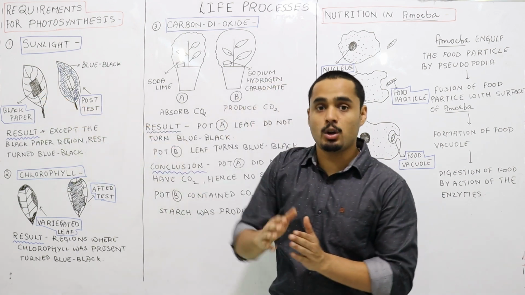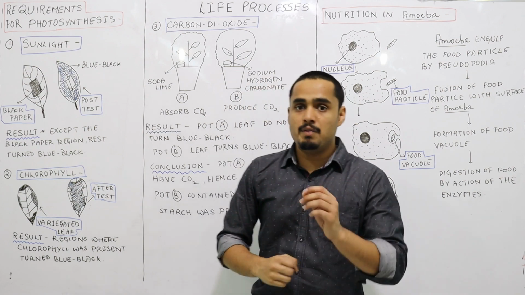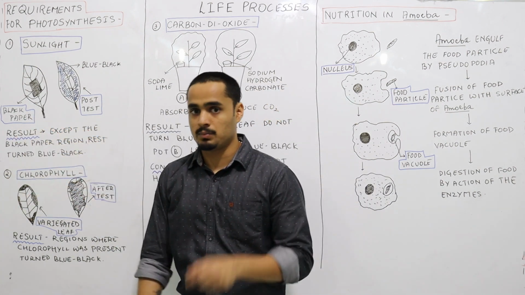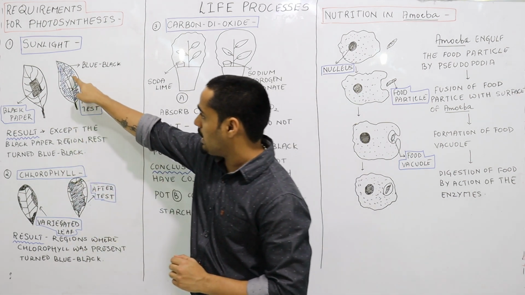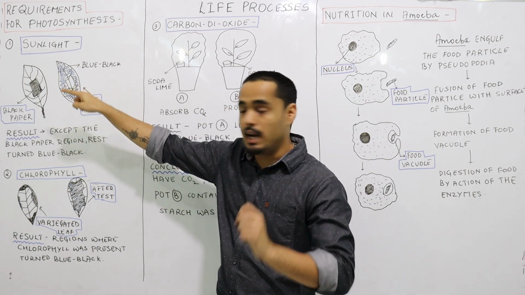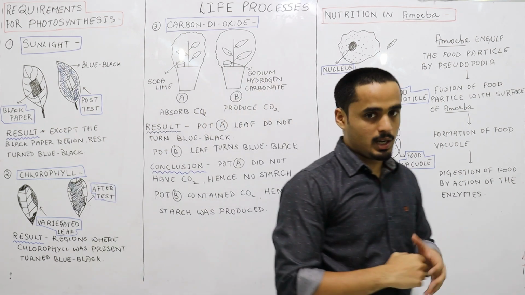After 4 to 6 hours of the plant being kept under the sunlight, we pluck this leaf and do the test for starch. When they tested for starch, what happened? The region which was covered by the black paper did not turn blue-black, and the rest of the region turned blue-black. What can I conclude?